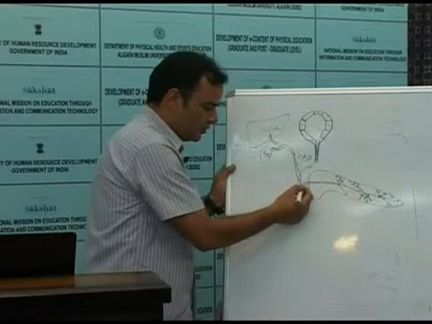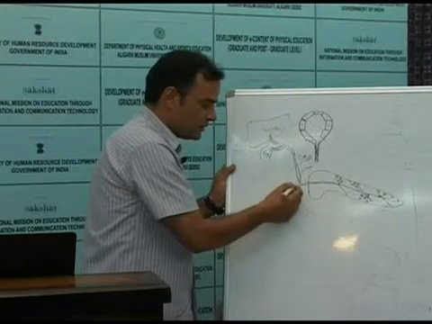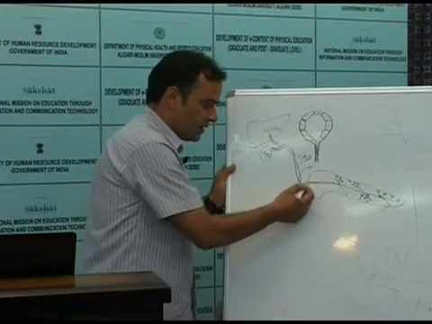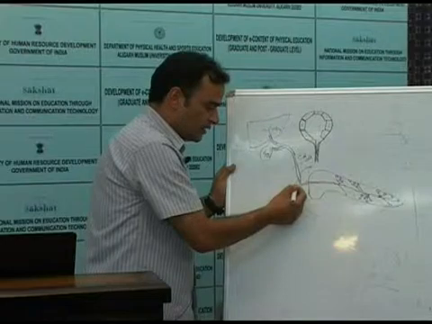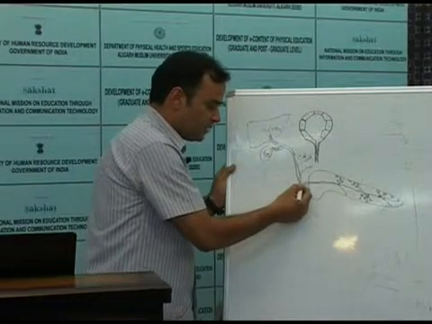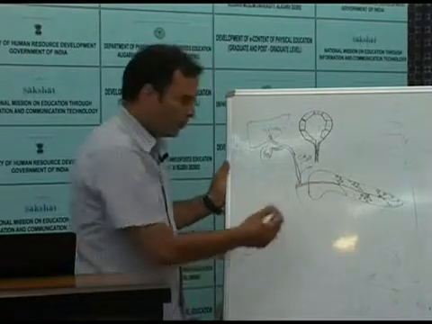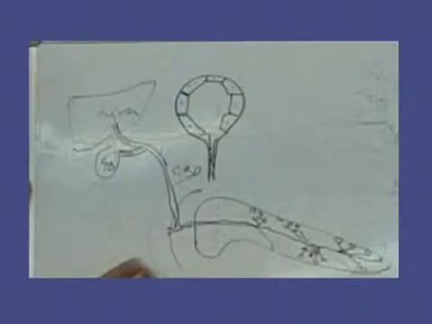But before the bile opens into the duodenum and the pancreatic secretions are secreted in the duodenum, these both glands join before opening combinedly. Here in this diagram, you can see the location of the pancreas.